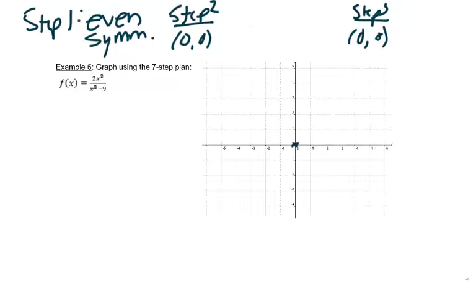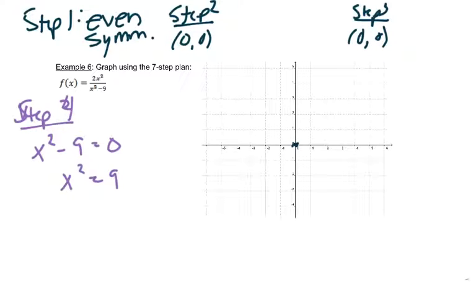So next we'll look at the asymptotes. We'll look at the vertical asymptote first. And to do that, we set the denominator equal to 0. Remember, when you take the square root, we have to take the positive and negative. So this gives us x is equal to 3, and x is equal to negative 3.